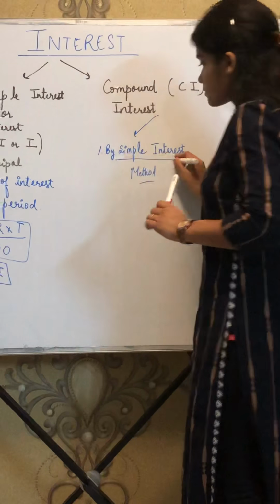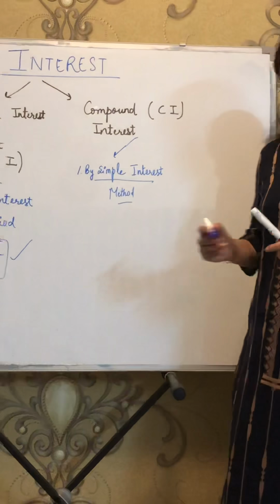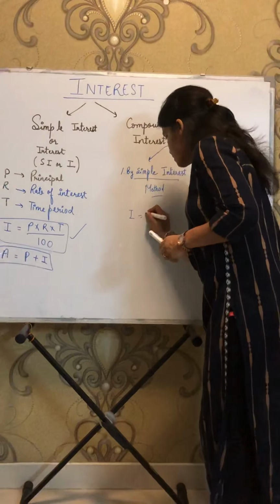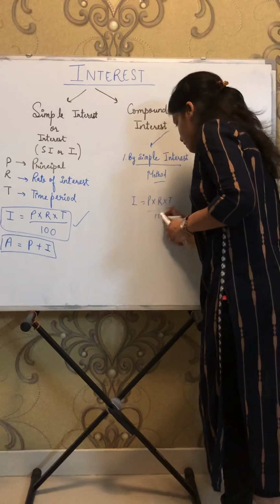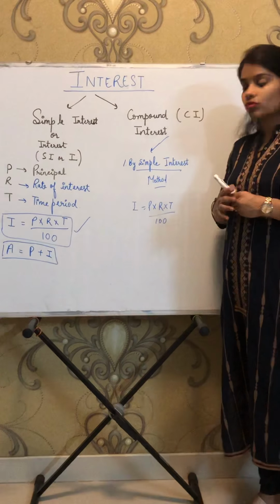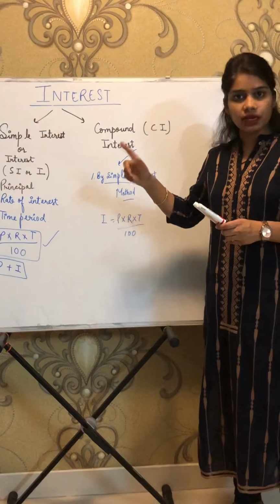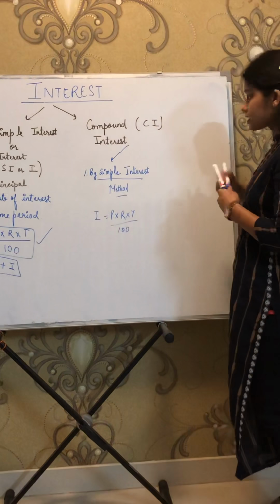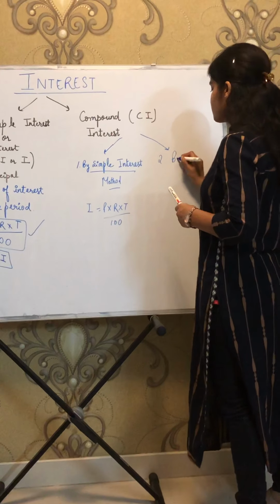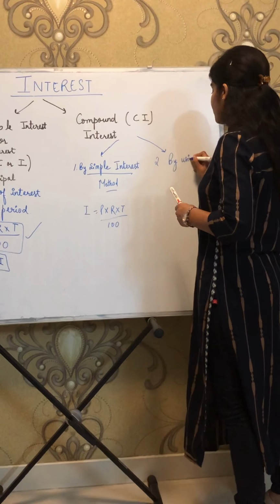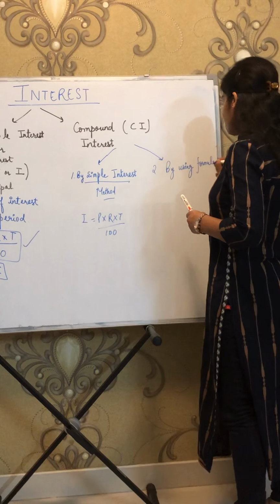By the simple interest method means we will use this formula, I equals P into R into T upon 100. Only the principal will change year by year. And the second method, which is quite easy, is using a direct formula for compound interest.